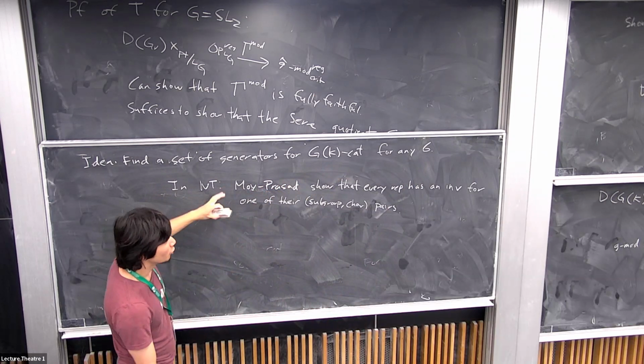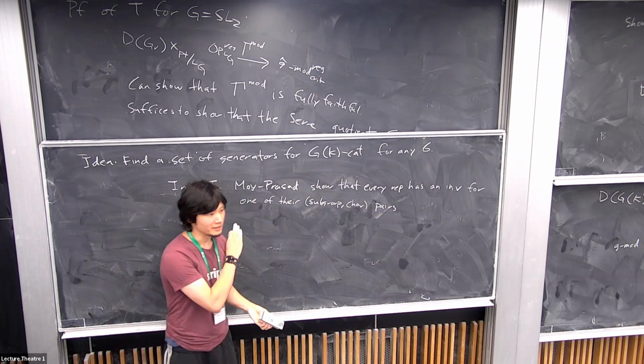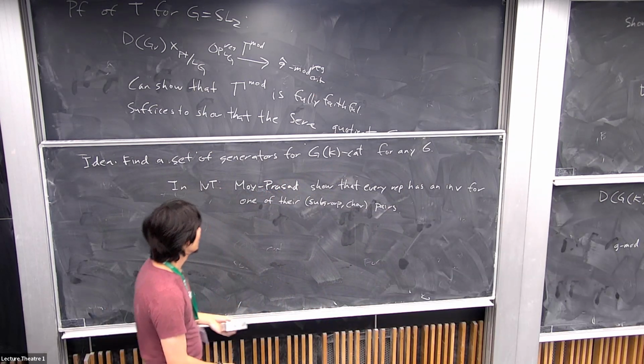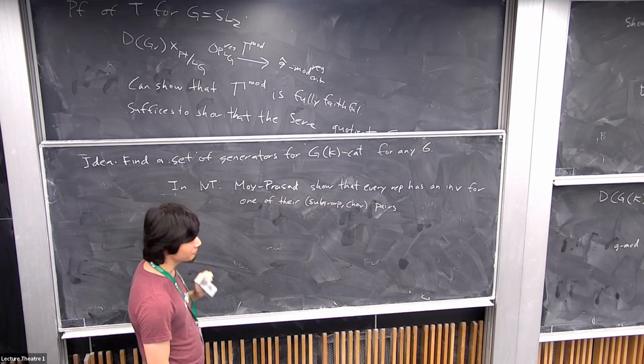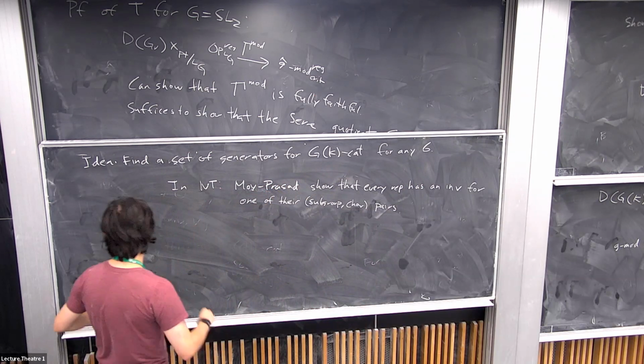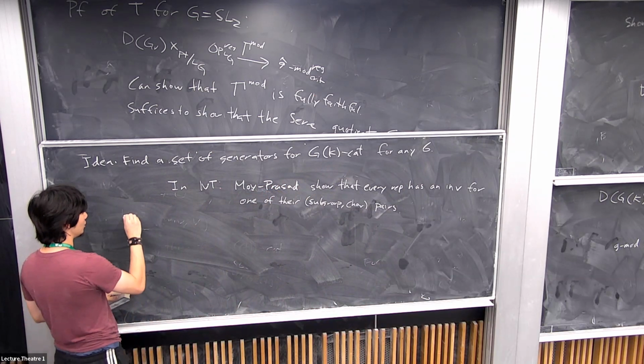So Moy-Prasad in number theory gives you the analogue. I'm going to phrase this a little differently now than from the generator way.